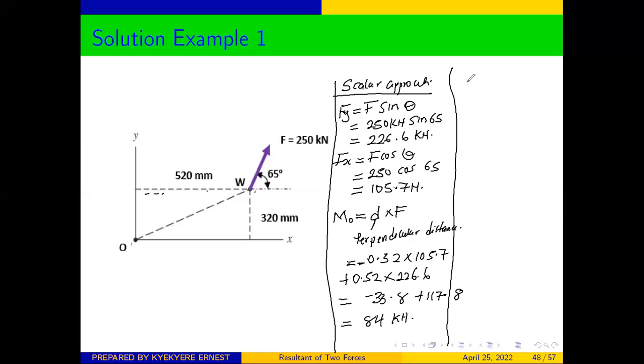But when we are dealing with the vector approach, take note, the direction of the force is very important. So the important points when we are dealing with the vector approach are the direction of the force, and then the direction of the distance. The direction of the distance is also very important.